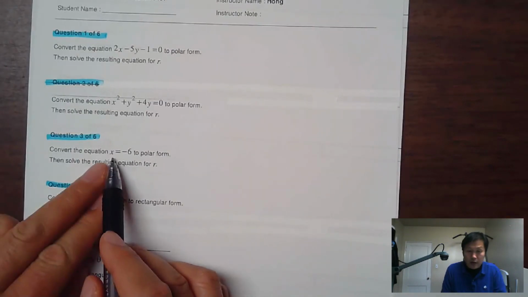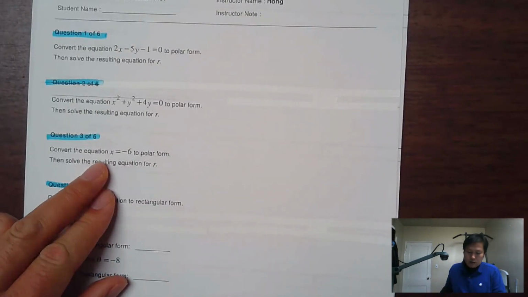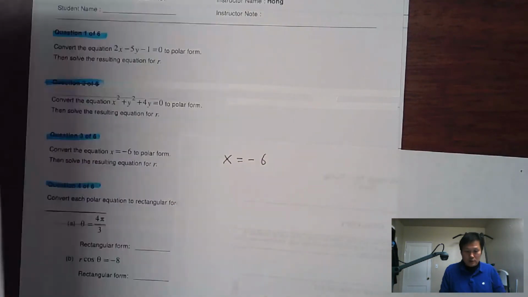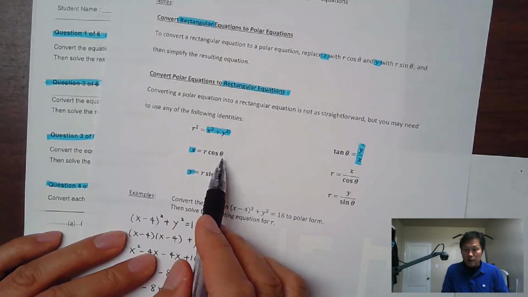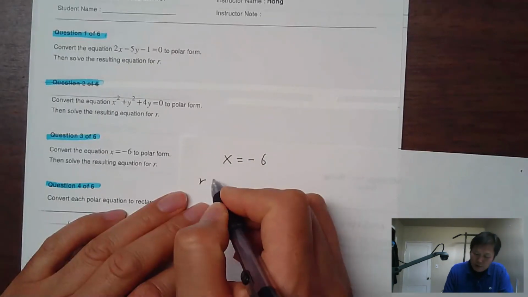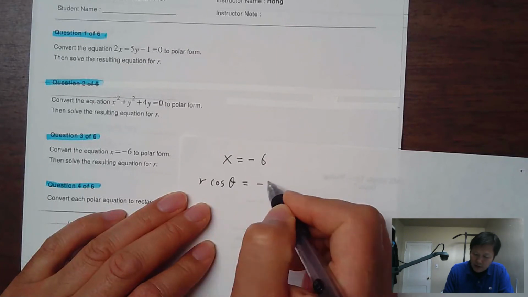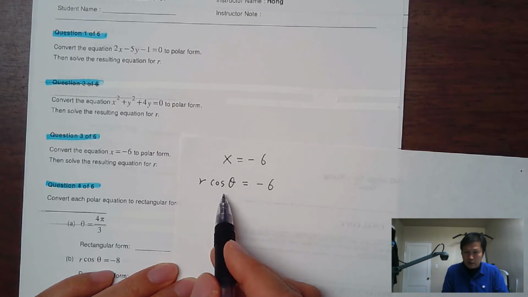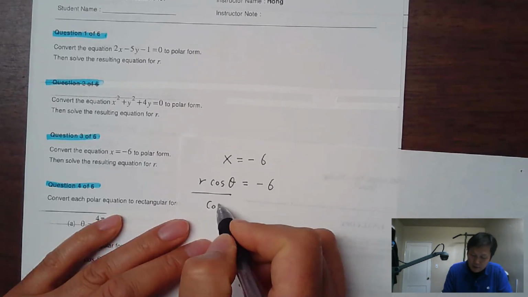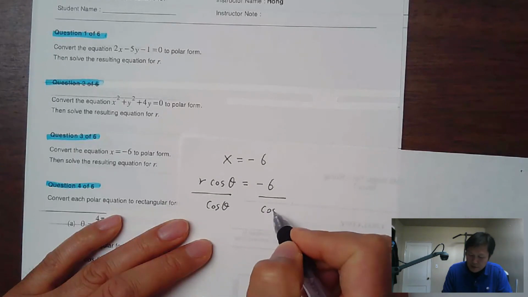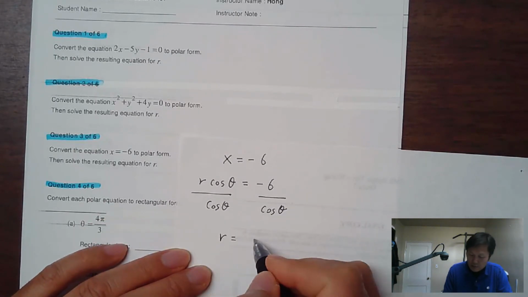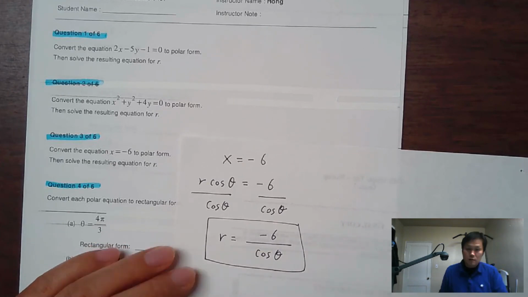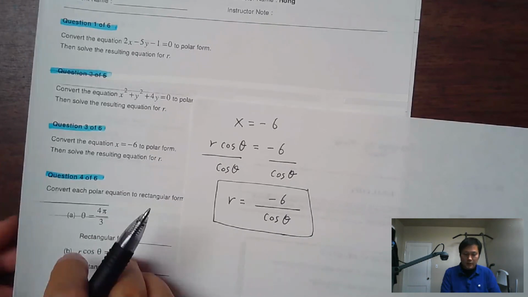We only have x equals minus 6, and x is r cosine theta. So r cosine theta is equal to minus 6. Solving for r means you have to get rid of cosine theta from the left-hand side, so divide both sides by cosine theta. So r is equal to minus 6 over cosine theta. That wasn't that bad. That was number 3.